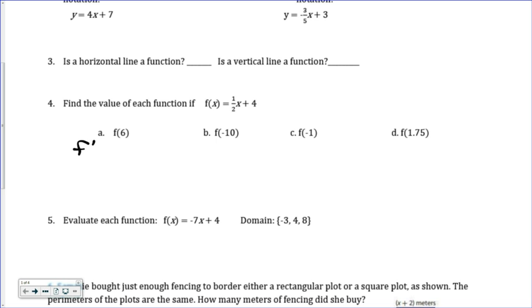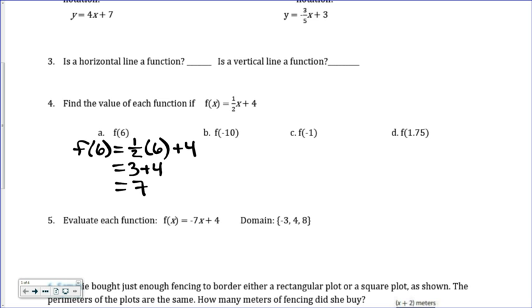So f of 6 equals 1/2, substitute 6 for x. So 1/2 of 6 is 3 plus 4. It equals 7.